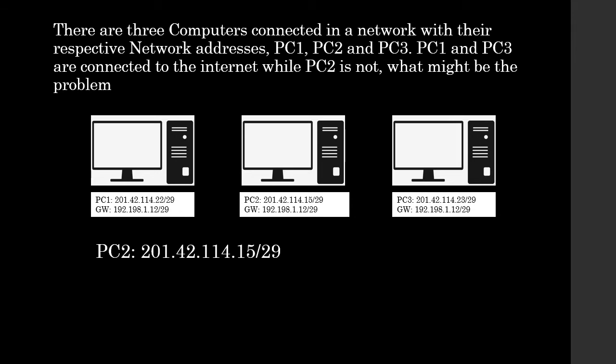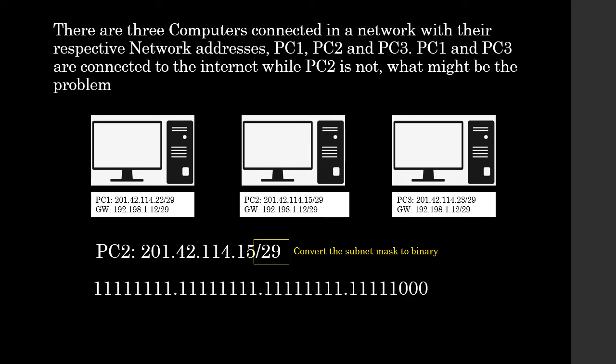Titignan muna natin ang kanyang network address. So, 201.42.114.15/29. So, ang gagawin ulit natin is to convert the subnet mask into binary. So, anong subnet? /29. So, ayan. Kung mapapansin mo, hindi siya tulad nung naunang example na meron lang third octet.